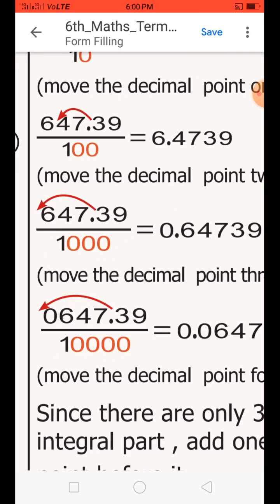In that case you need to write 0 point. Just look at this one, 1000, very important. So 30, the decimal point will move to the left hand side after 3 places, correct? So after 3 places you put the dot, which means 0 point, that's it.